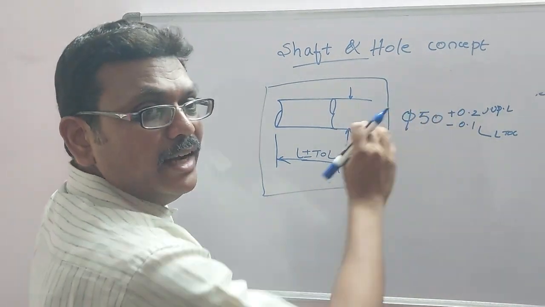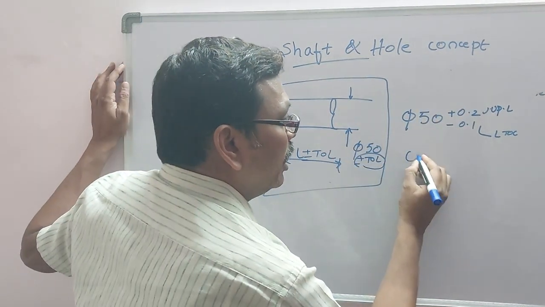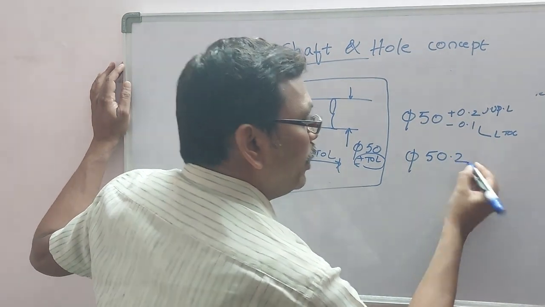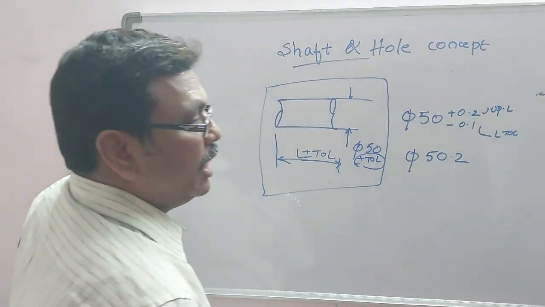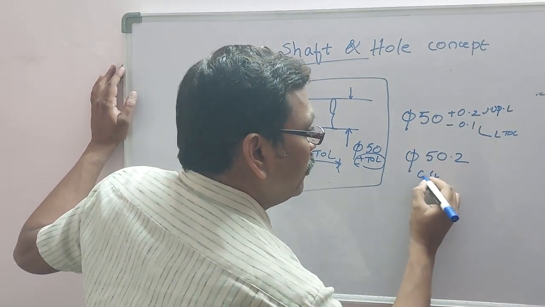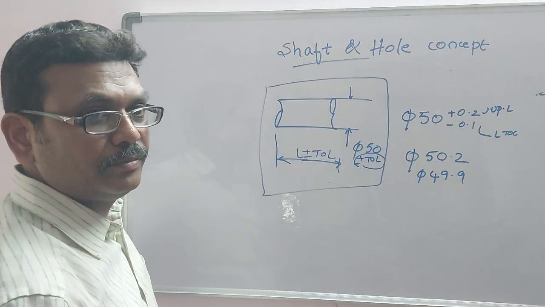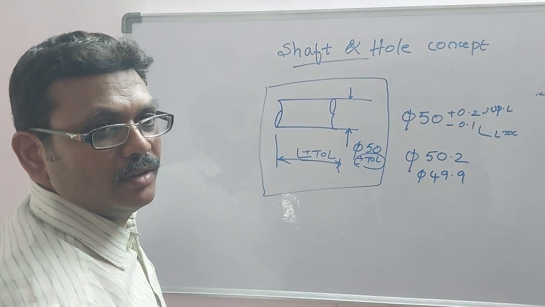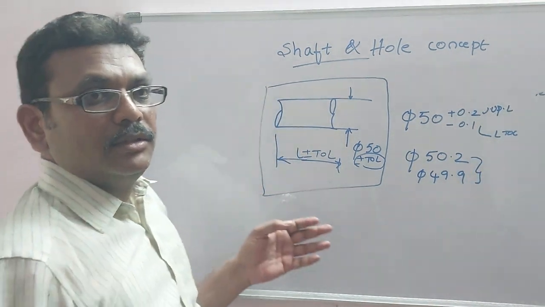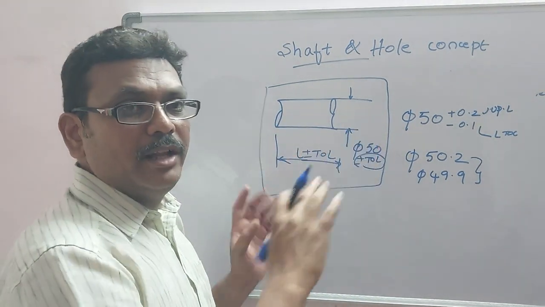What does it indicate? This shaft can go up to 50.2 diameter, and it can go below up to 49.9. So this is called a tolerance zone. While making a part, as I said, we can't manufacture exactly 50 diameter.